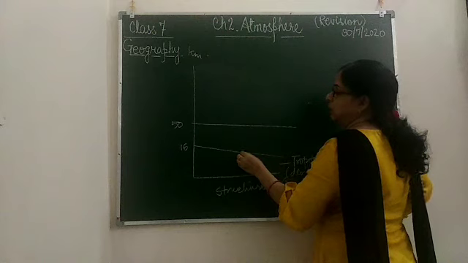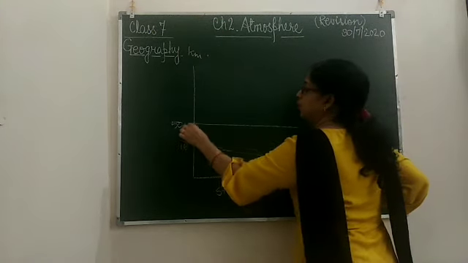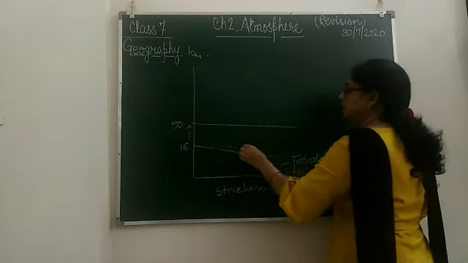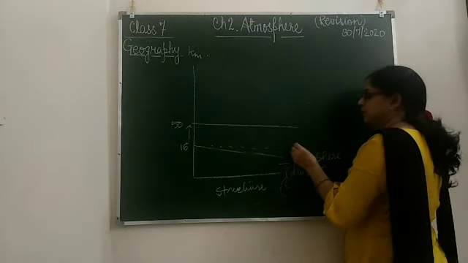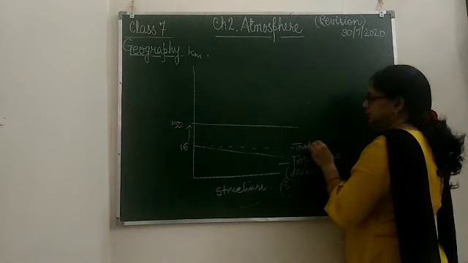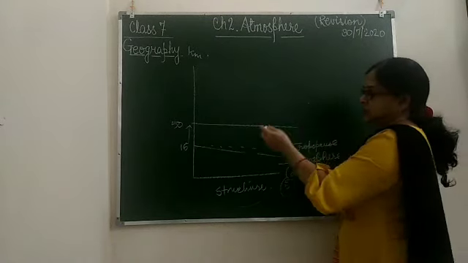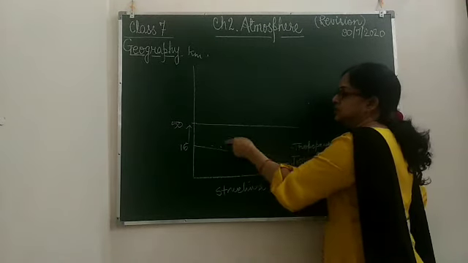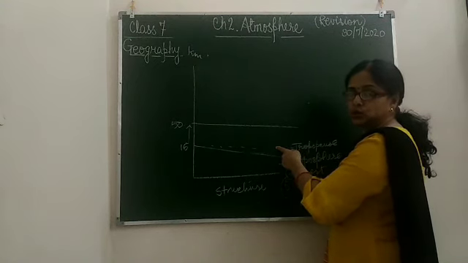So the height of stratosphere is from 16 kilometer to 50 kilometer, and the transitional zone between the stratosphere and troposphere is called tropopause. In the lower level of this stratosphere we will find the ozone layer.